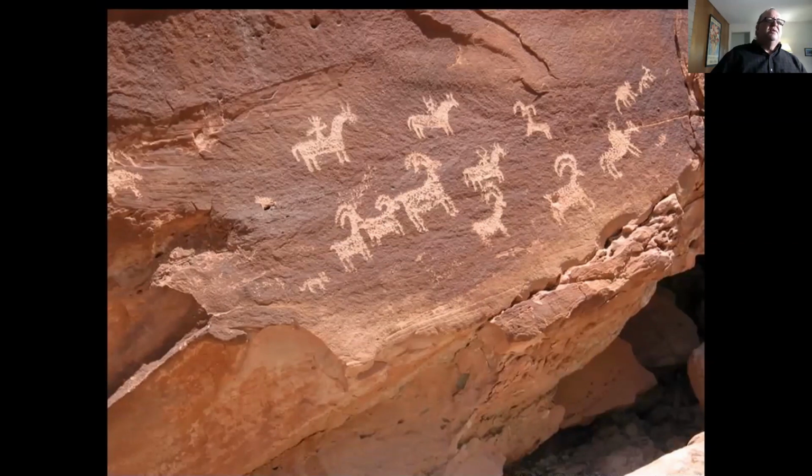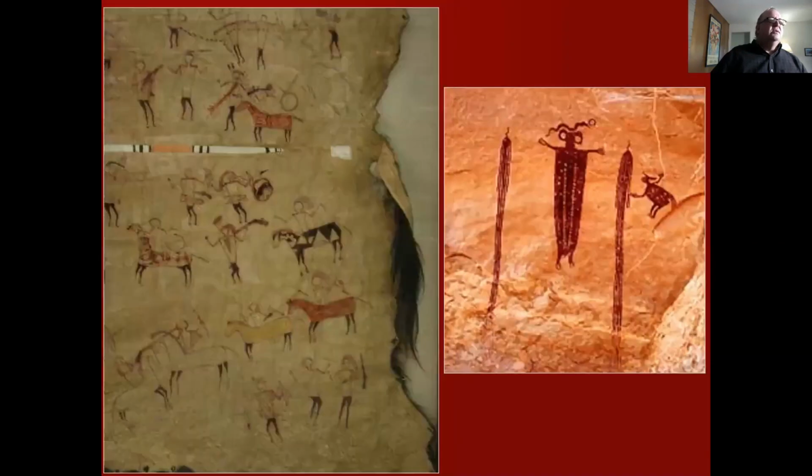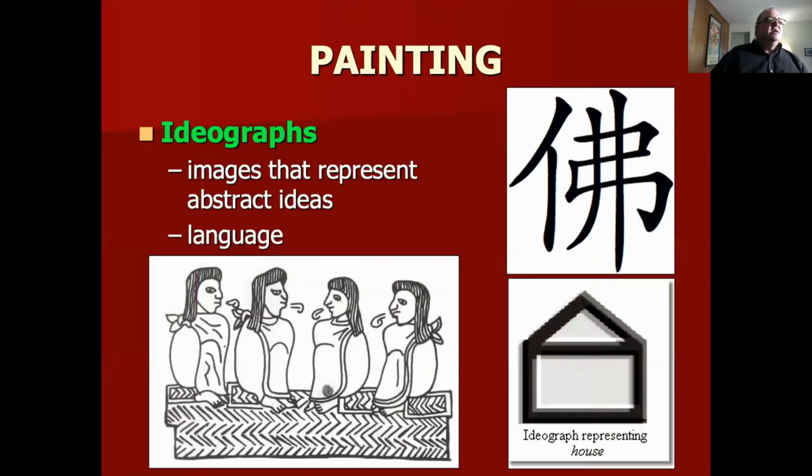Here's a picture that looks like it might be an early Native American drawing. There's some Native American art, pictographs on the left, on an animal skin. Okay.